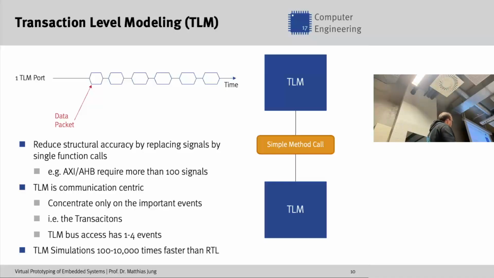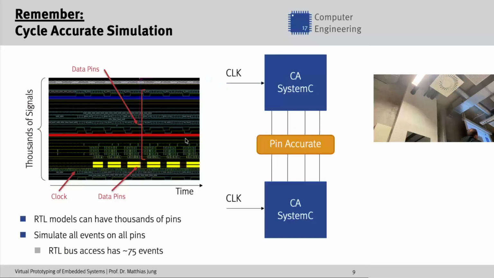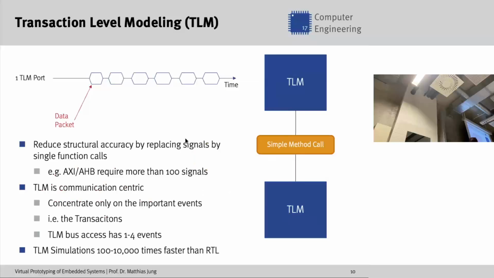And we get rid of all these pins and signals. So we just communicate by function calls. And this is communication-centric. We concentrate only on the important events that matter. And we call these data packets basically transactions.